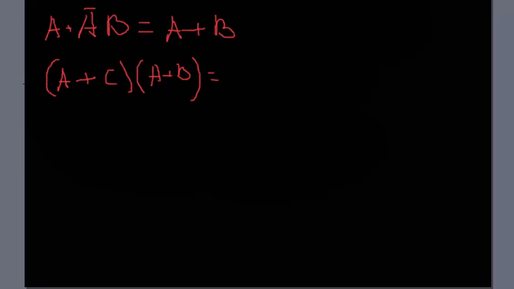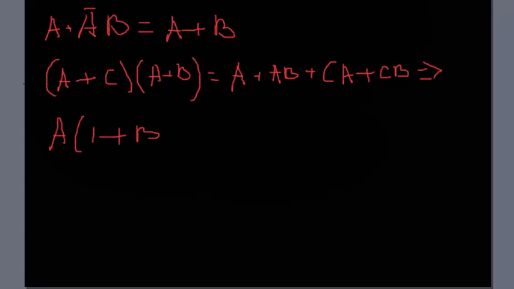A multiplied by A gives us A, then plus A multiplied by B, plus A and plus B. To simplify this equation, I take A out of all of these three parts: A times (1 plus B plus C) plus CB.